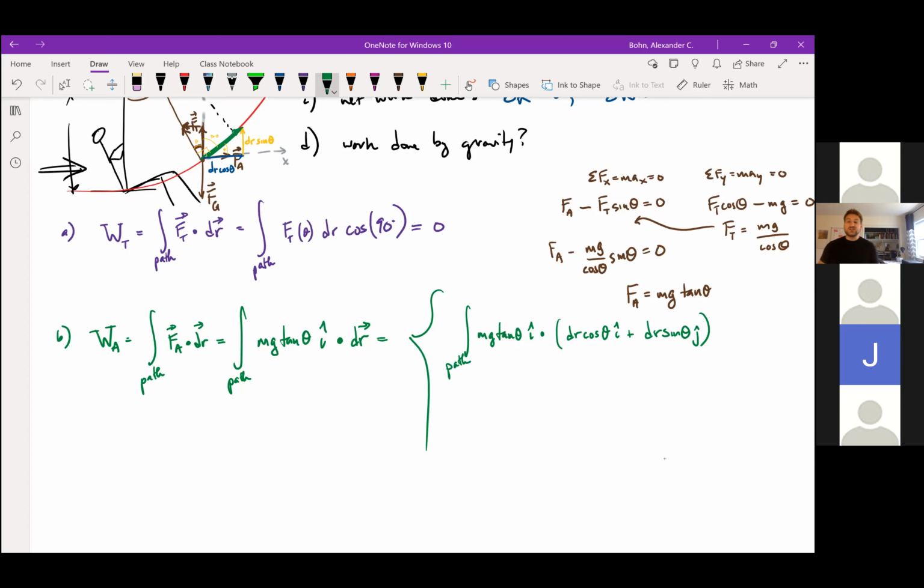Right now, the differential dr is still what's tagging the integrand. That's an infinitesimal displacement along a circular path. It's an arc length, a very small arc length.